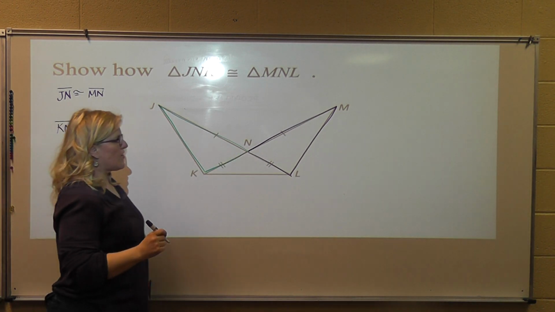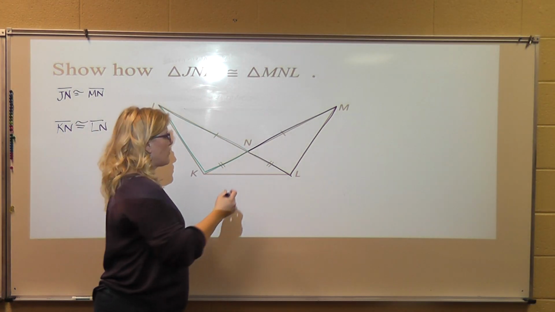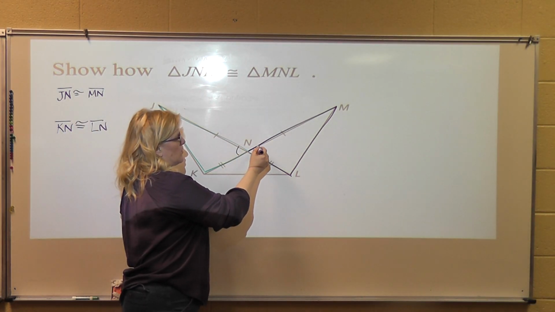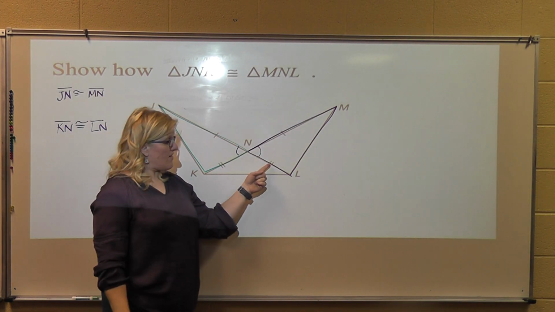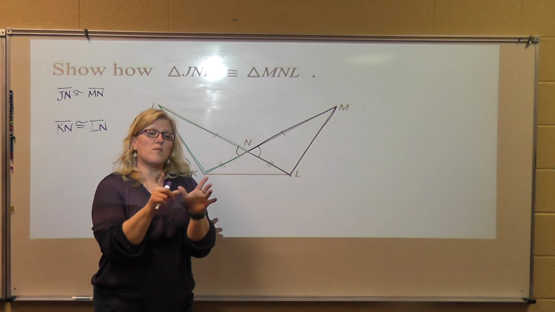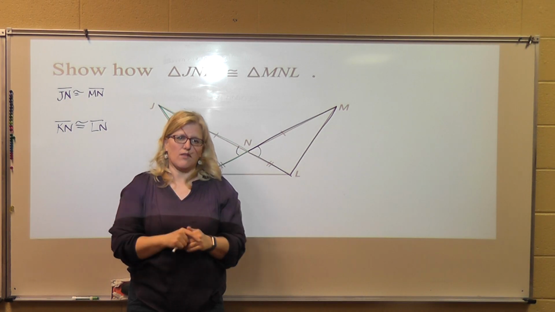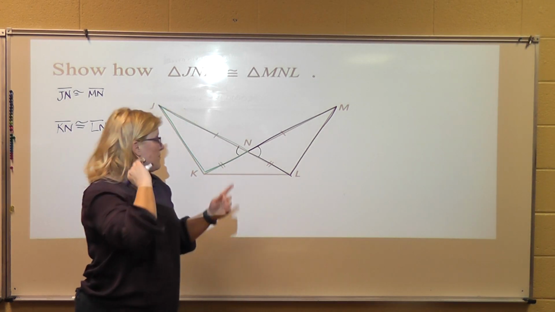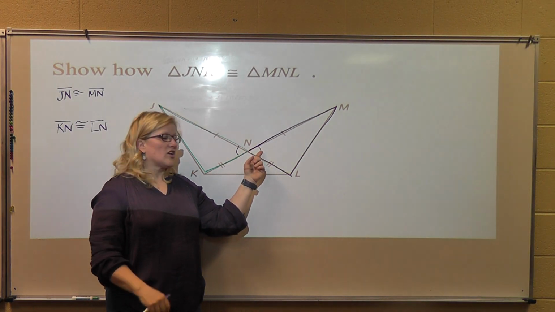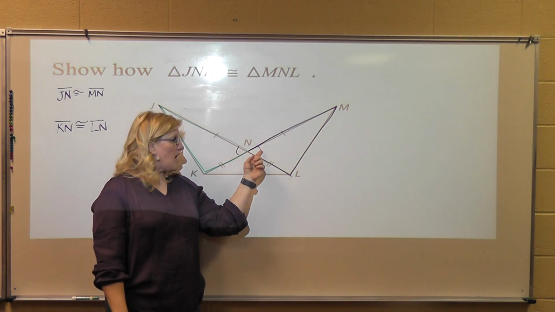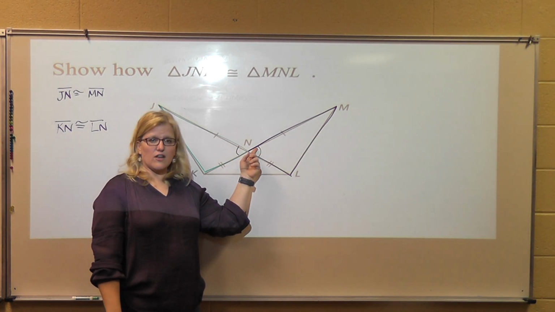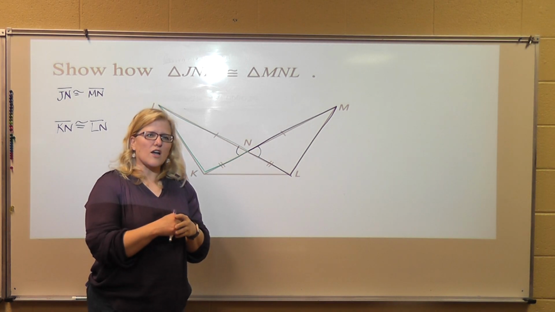Somehow we need to show that this angle is equal to that angle so that we have side, angle, side. Remember that the angle is the included angle, so it's got to be nestled between those two sides. We actually do know that these are congruent to each other because of the vertical angles theorem. Remember, we talked about that before.